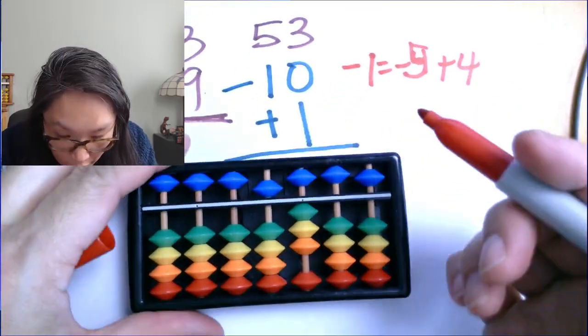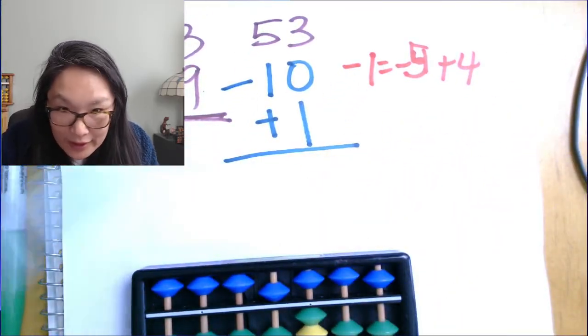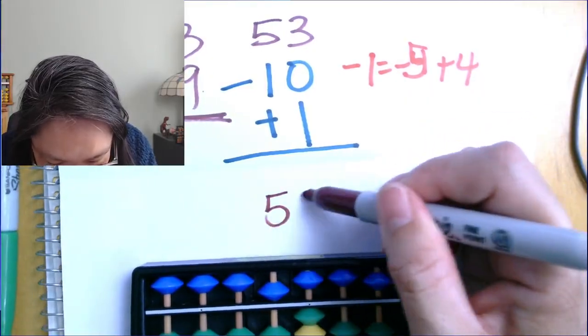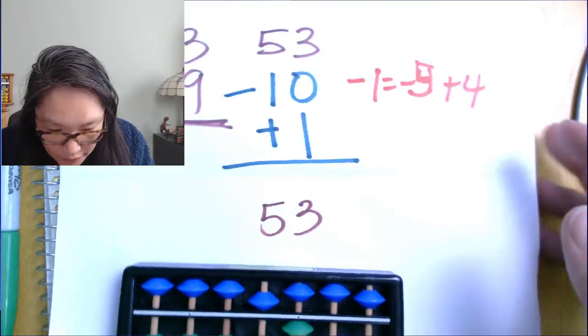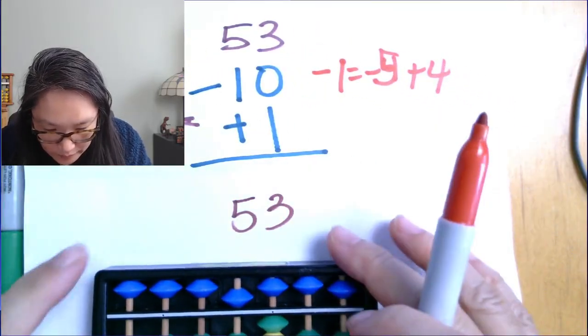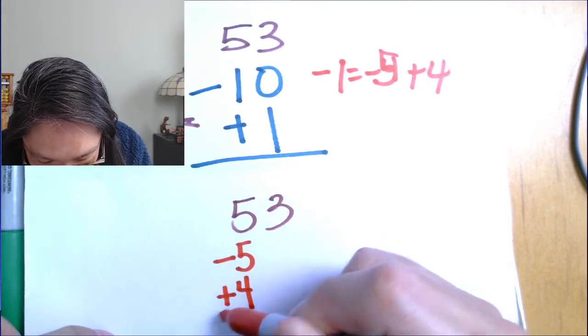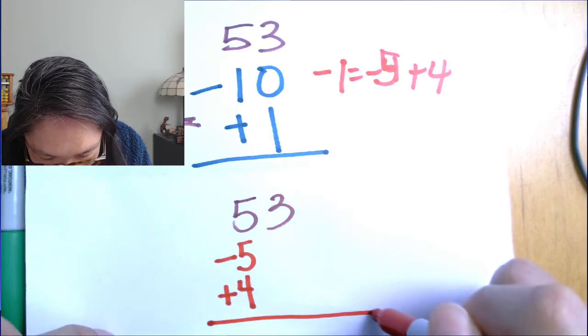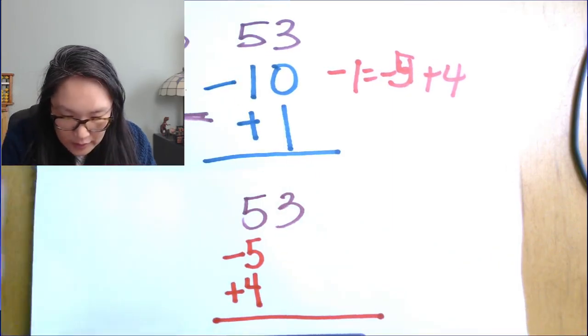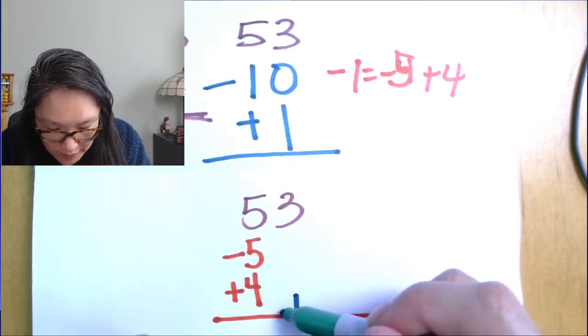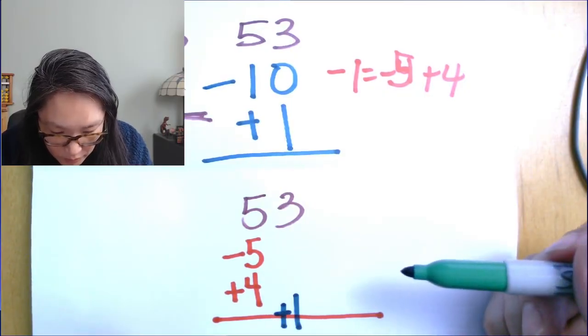So if I rewrote it again, let me rewrite it. Okay, 53. So I have to minus the 5 plus the 4. And then don't forget, that's a lot of colors. And then don't forget I have to plus the 1.